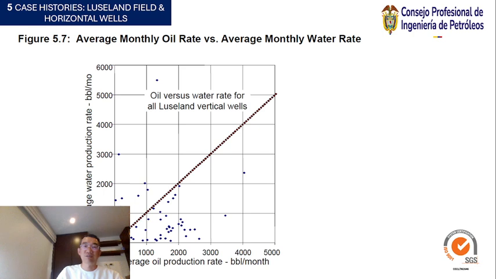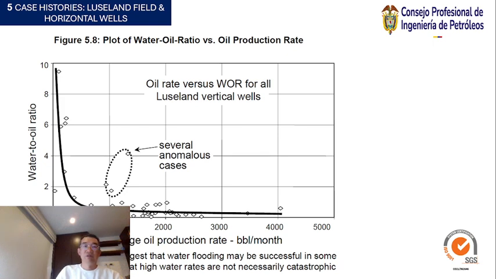Figure 5.7, average monthly oil rate versus average monthly water rate. Figure 5.8, plot of water-oil ratio versus oil production rate. The anomalous cases suggest that water flooding may be successful in some CHOPS reservoirs, and that high water rates are not necessary.